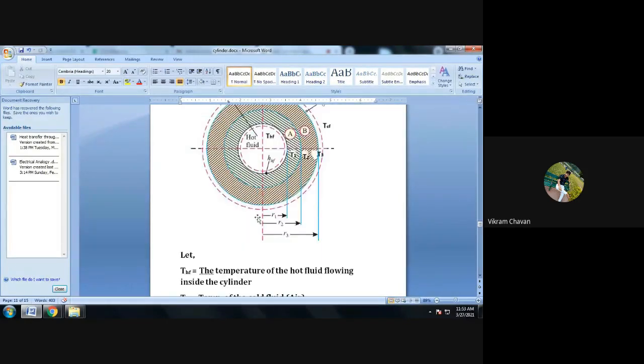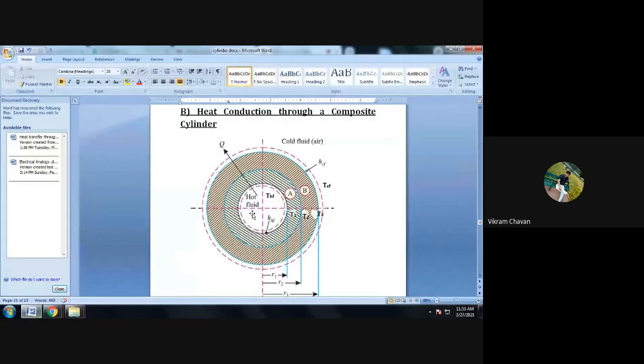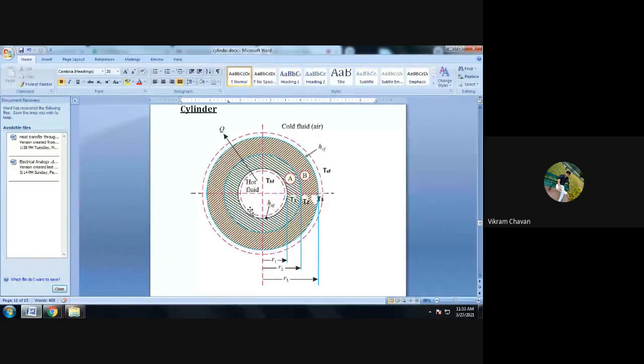Now, please draw this particular diagram. Everyone, draw this diagram. Composite cylinder diagram. Always remember that we are drawing the cylinder diagram by considering the top view only.